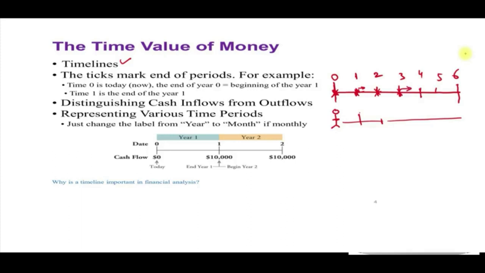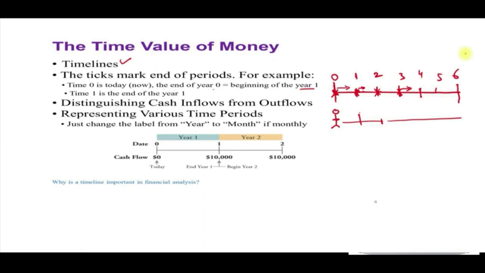But remember, these tick marks show the end of the period. So time 0 is today, the end of year 0, the beginning of year 1. So this is the beginning of year 1 or period 1.